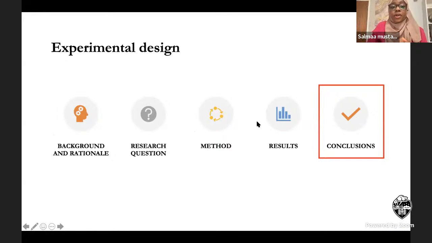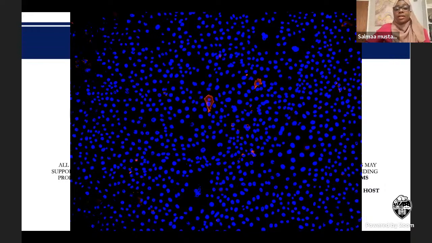So, conclusions from the experiment. Here I'm showing a bigger picture of your signals within the cell, intracellular, okay? If the signals were inside the nuclei, like inside these blue cells, then I'd know there's something wrong with my experiments, because the protein I'm interested in is inside the cell.